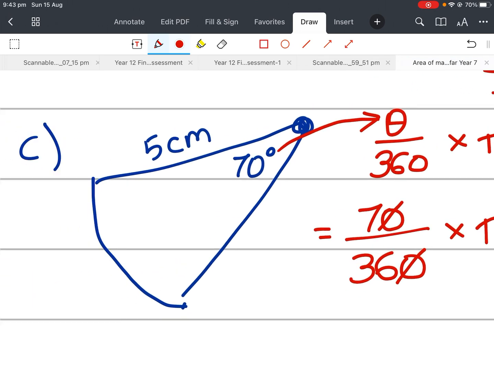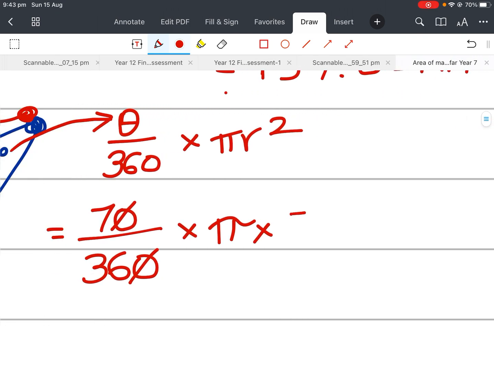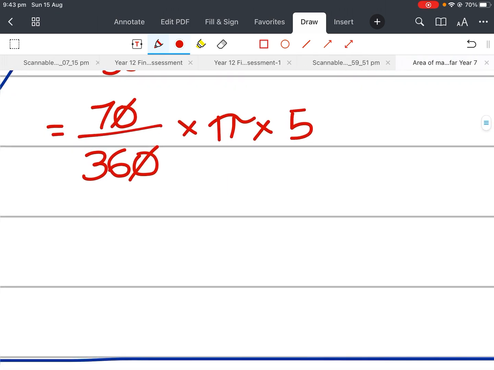Hopefully you noticed that from the middle of the circle to the outside, that's the radius. So our radius equals 5. So on my calculator, I'm going to do 70 over 360 times pi times 5, and I forgot the square, didn't I? Don't forget to square it because we're finding the area.